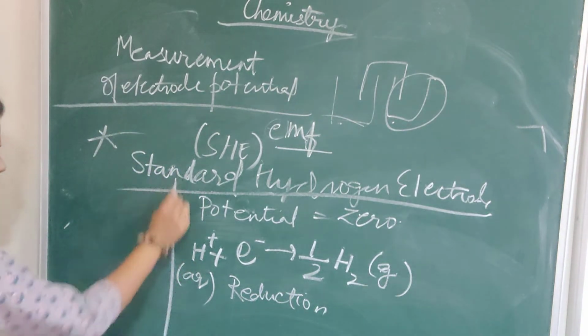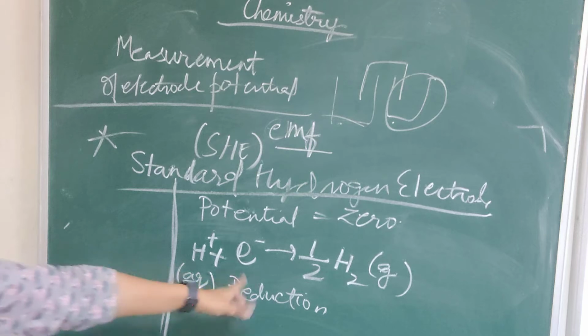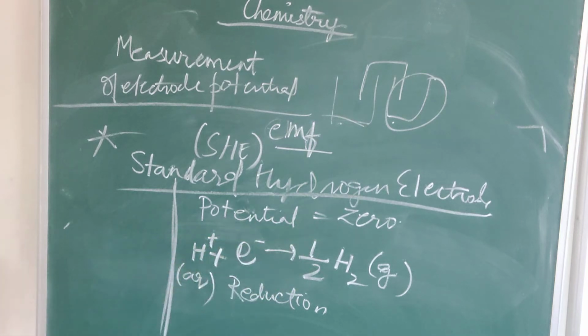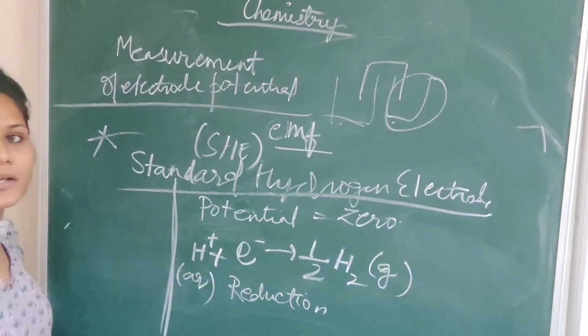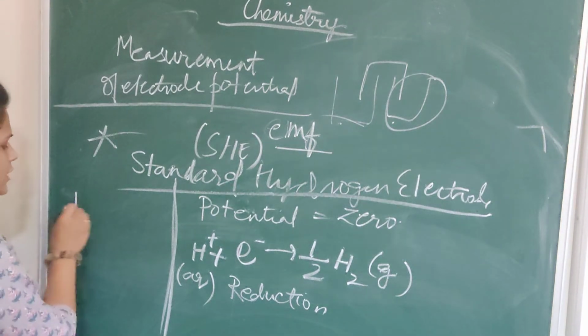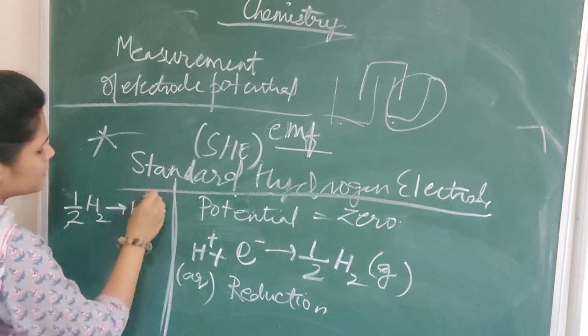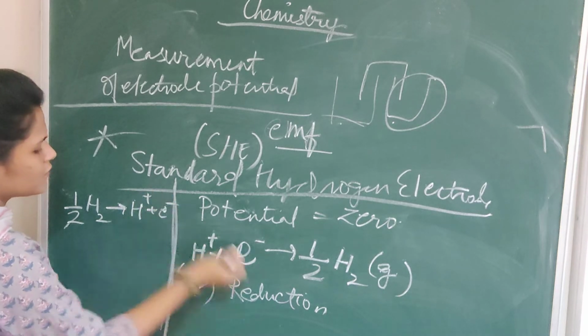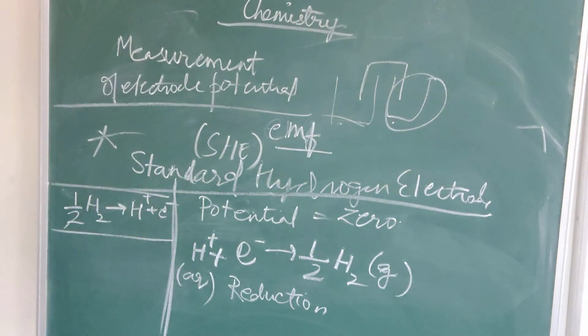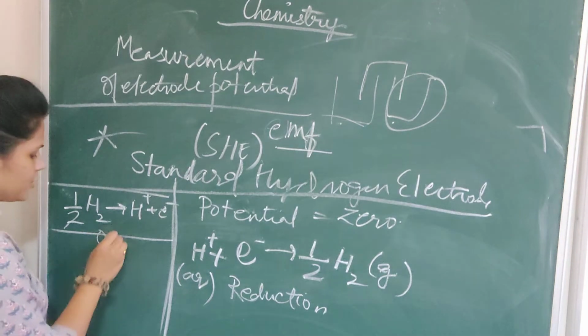If this particular electrode is present on the anode side, then obviously oxidation will take place. How are we going to write the reaction of the oxidation? Oxidation means removal of the electron. So half H2 gives H plus and electron. Just the reversal of this. This will be your oxidation.